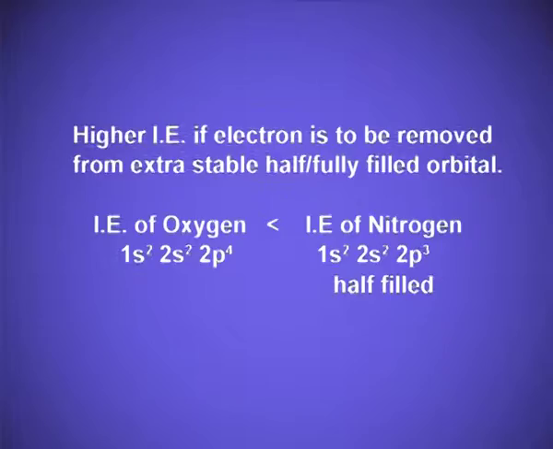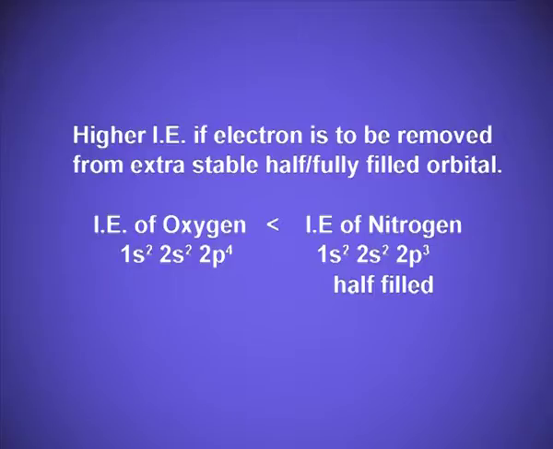The next thing which affects the ionization enthalpy is that if you are going to disturb a stable electronic configuration, that is either half filled or fully filled, it will need much higher energy. For example, we can compare the ionization enthalpy of oxygen and nitrogen.